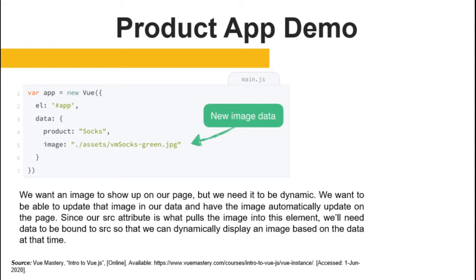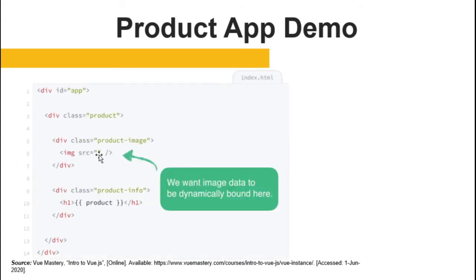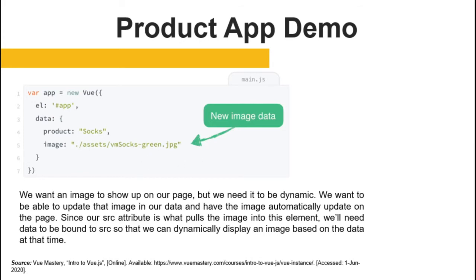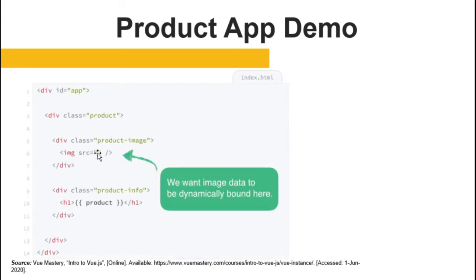So again, the idea: this product and this image, this image property specifically of our data model, its value we need to bind or connect to this src. Meaning to say, it's just like we wanted to put this particular URL inside the src attribute of our image.